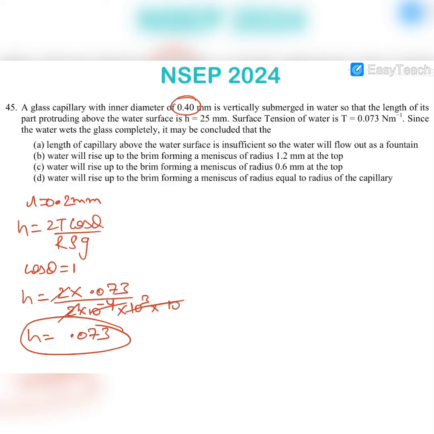Okay, now obviously you can see that height is 0.073 meter, and in mm it is 73 mm, but the height of the tube above the water surface is only 25, and in this scenario the tube is not sufficient for the rise of water, so in this scenario we know that the water does not come out of the tube.